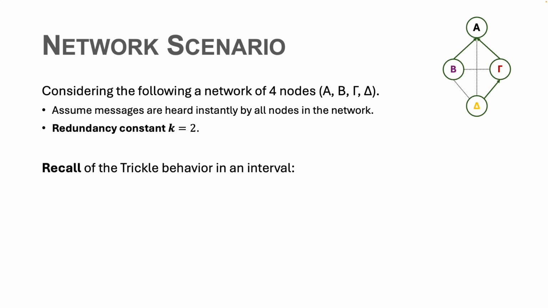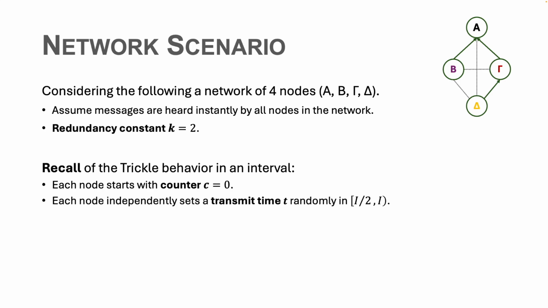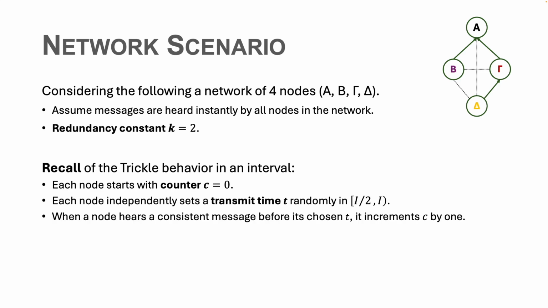And before we go through the example, let's quickly recall how the Trickle algorithm behaves during one interval. Each node begins with a counter C of consistent messages heard initialized to 0. Next, each node independently sets a transmit time t chosen randomly within the interval I over 2 and I. And whenever a node hears a consistent message before its scheduled transmit time t, it increments its counter C by 1.